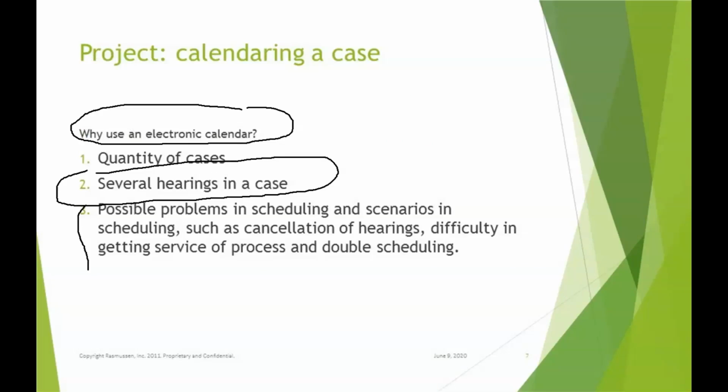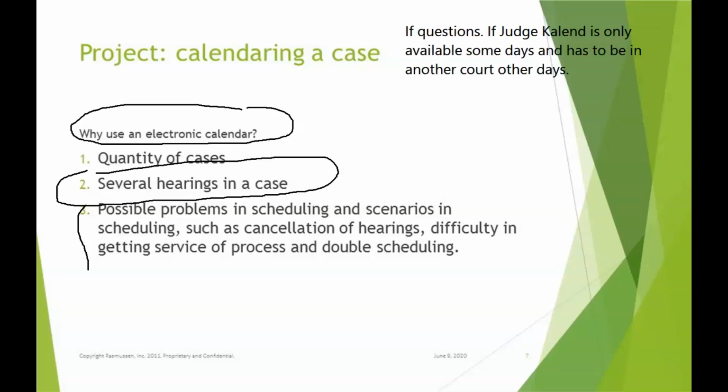If Judge Calland is only available some days. It has to be in another court at other days. And then, of course, what's another if? If the other side has a valid excuse for not attending some days.